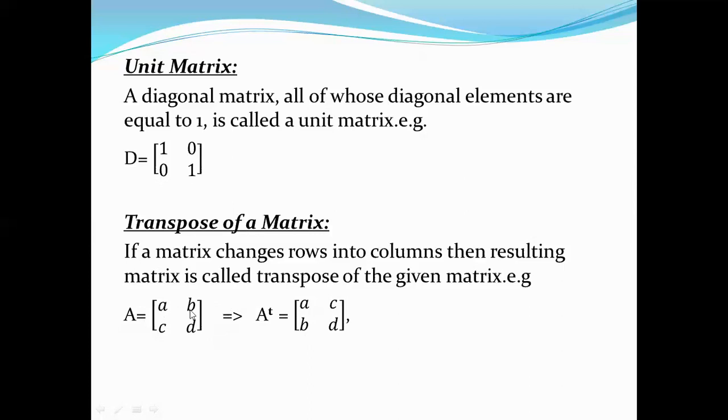So here we have A, B in a row and now in A transpose we have A, B in a column. Similarly in matrix A we have C, D in a row and in A transpose we have C, D in a column. So the row elements have been changed into columns. That's why this will be called A transpose.